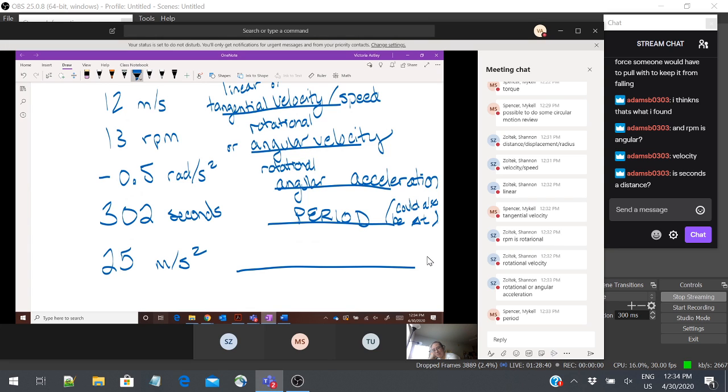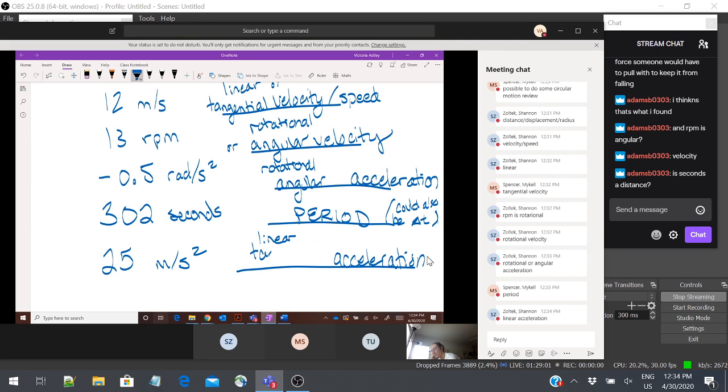What about the 25 meters per second squared? Is it acceleration? Yep. There are two possibilities for this one. Could be linear, could be tangential. These are the same thing.